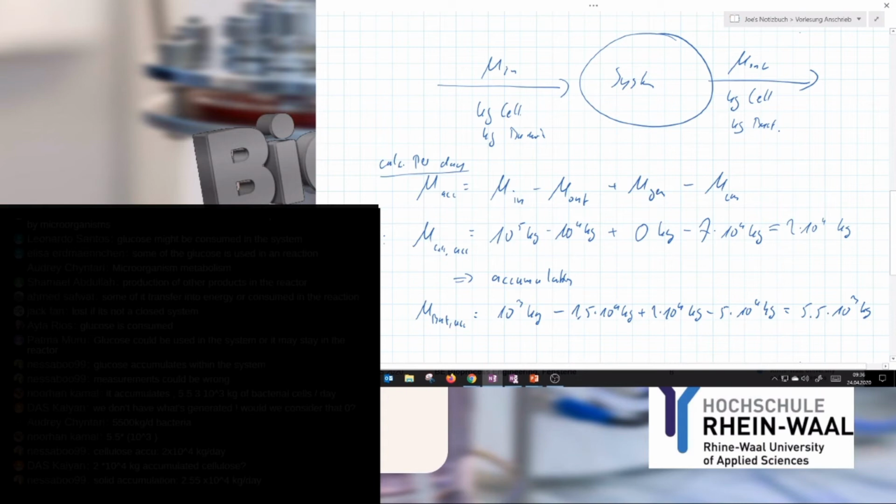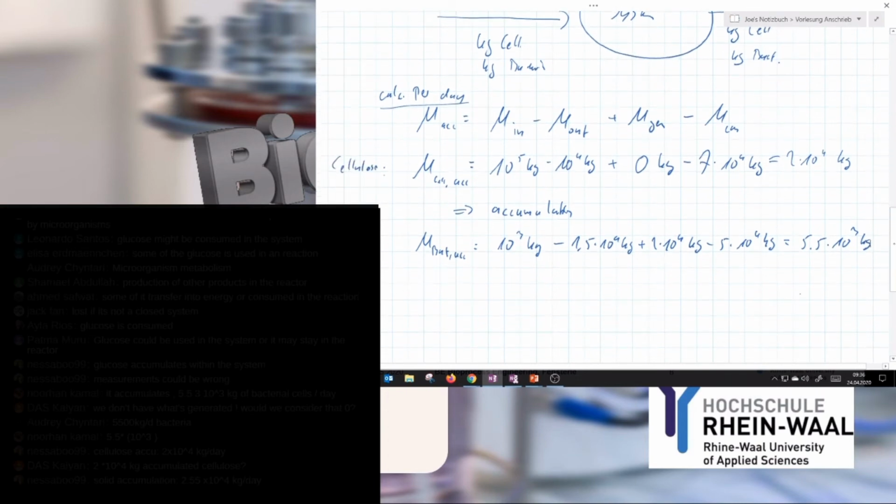Okay, don't forget, at the end it's important: what is the cleaning interval or the sludge removal interval in days? So we have a solid accumulation here.